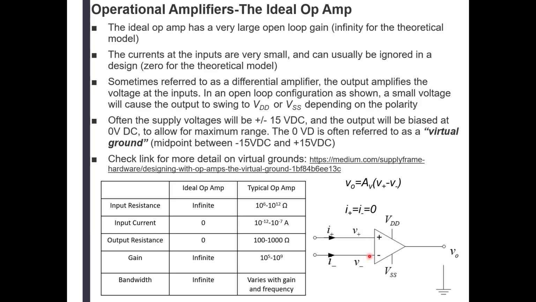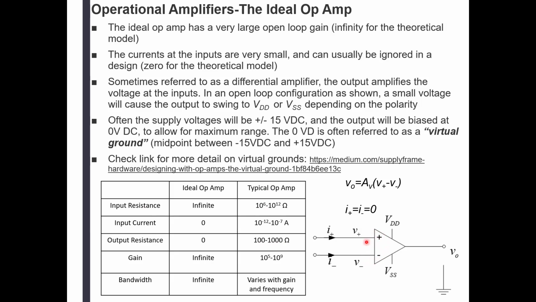If you have one of those inputs hard connected to any kind of voltage or power supply or ground, then we know for sure what the voltage is going to be on, for example, this one here, which means it is going to be the same here. So if that is connected hard to a hard ground, then we know that this is also at the potential of hard ground. If we have a voltage divider on this one that brings that to a hard 5 volts, then we know that this is going to be hard 5 volts. It helps us a lot with circuit analysis and calculating things.